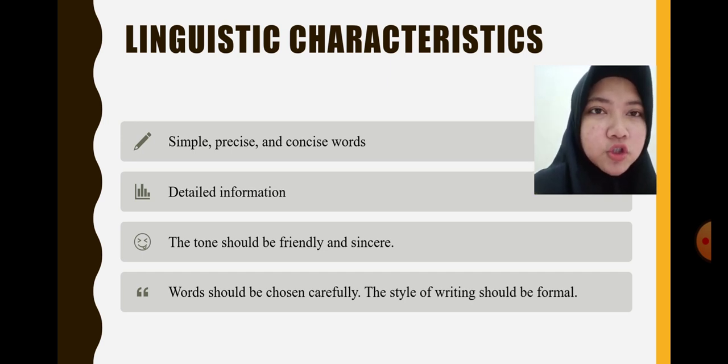Your letter should use simple, precise, and concise words. It contains detailed information. The tone should be friendly and sincere. Words should be chosen carefully. The style of writing should be formal. Remember, it's a formal invitation letter.